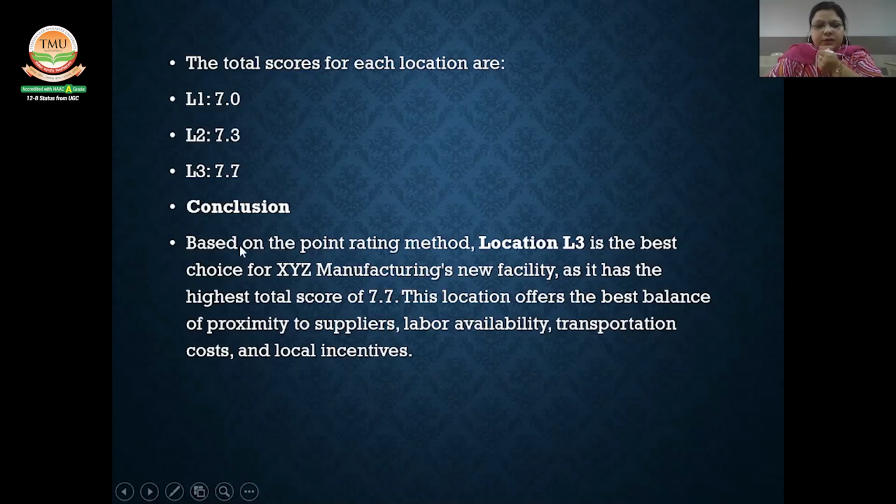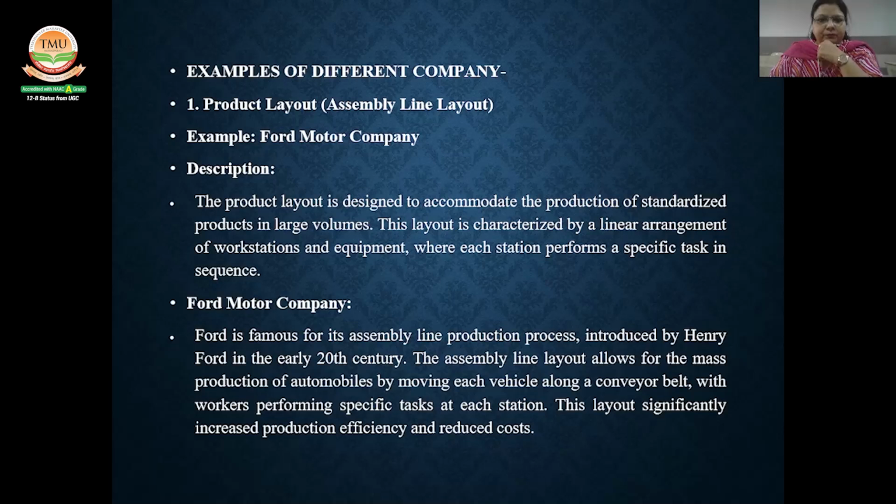It means this company selects location 3 as the best location as per this calculation. Any company, whether it is a manufacturing concern or a service concern, can give scores to the particular locations and find out which location is the best as per your choice.